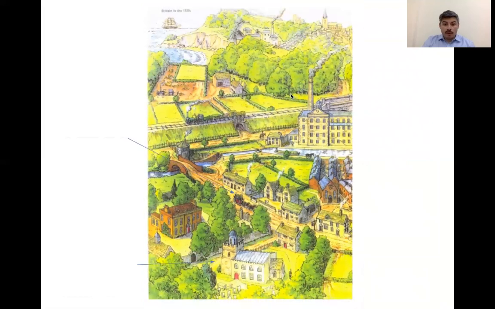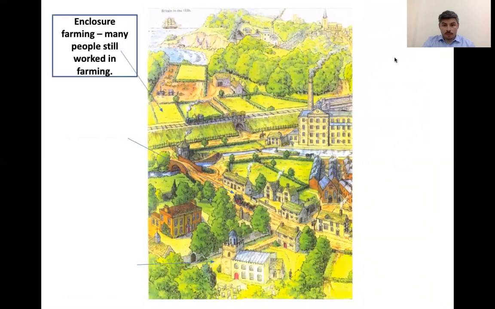So looking at Chigley in this picture. Firstly, enclosure farming. The farms are no longer strips, they're in these big fields. It means that people can produce more food, okay? And because of the agricultural revolution, it means you need less farmers, but many people still work in farming, okay?